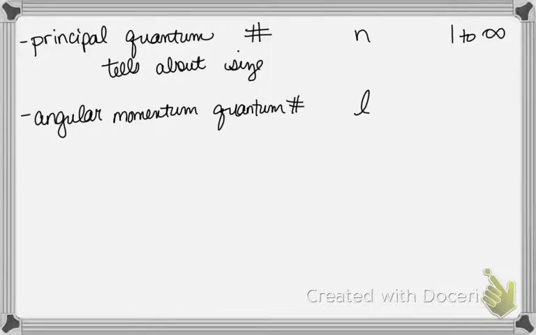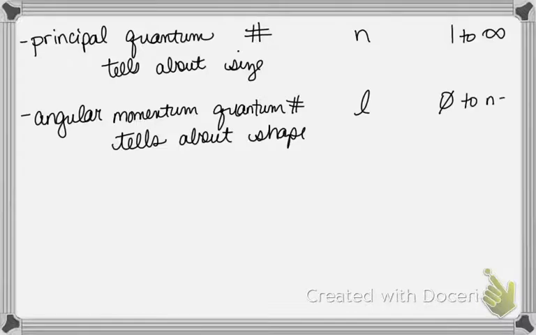Whereas N tells us about the size, L tells us about the shape of the orbital. The orbital is what kind of shape the electron's moving around in. The value of L starts at 0 and it goes up to N minus 1.